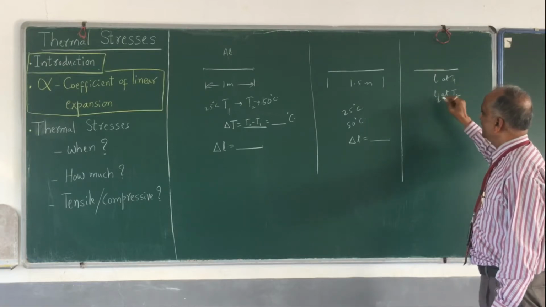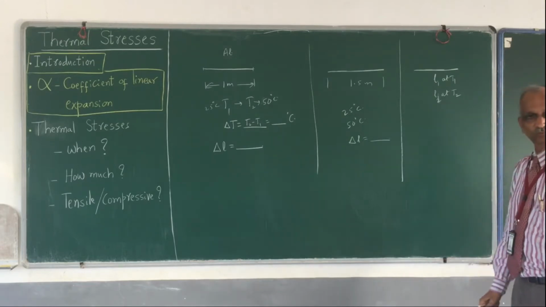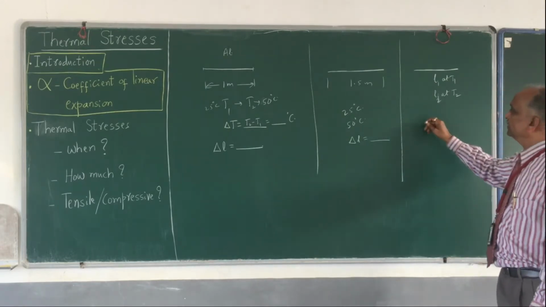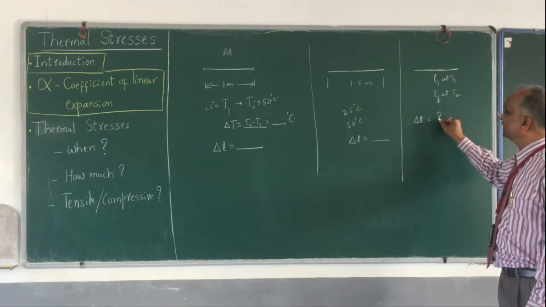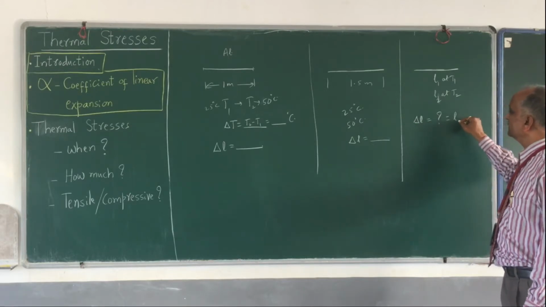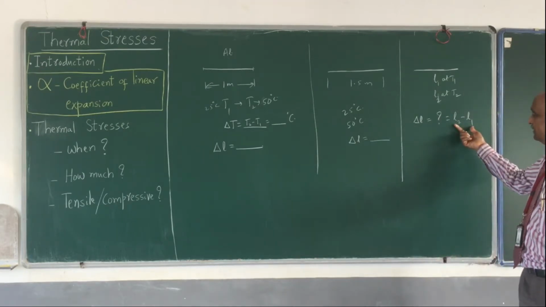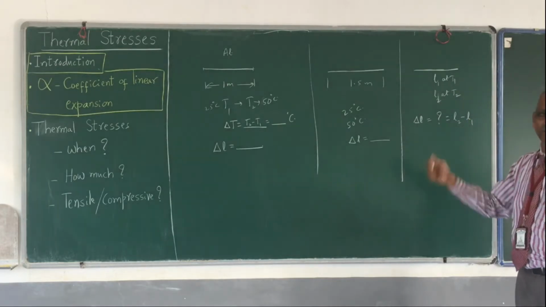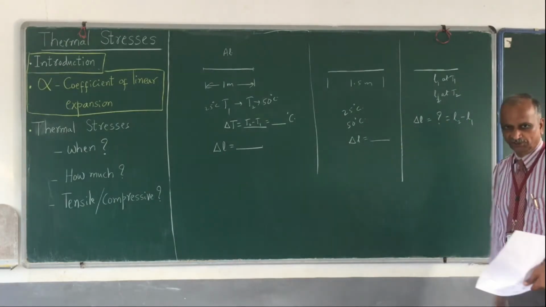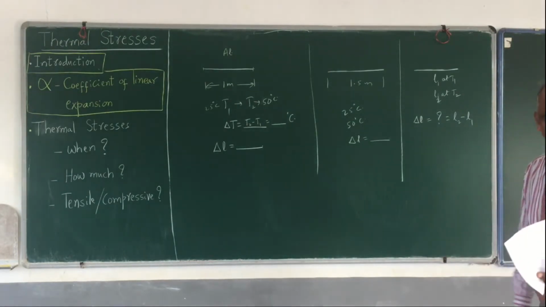So what is the change in the length? Delta L is nothing but L2 minus L1. If T2 minus T1 is positive, L2 minus L1 is positive. As the temperature increases, the length will increase, otherwise it will decrease.